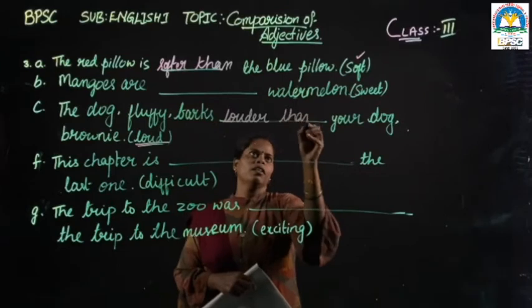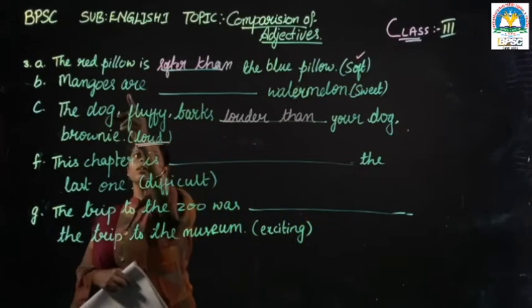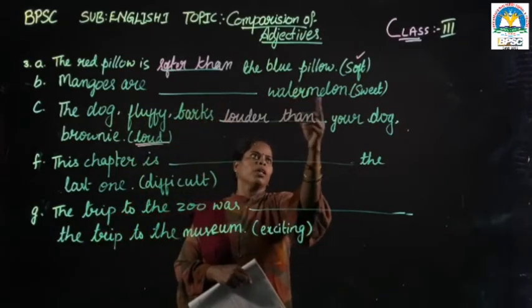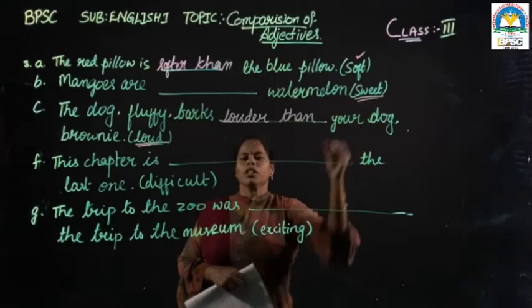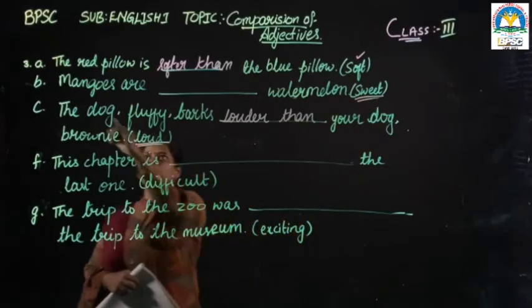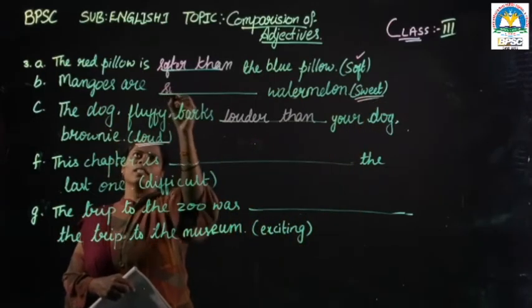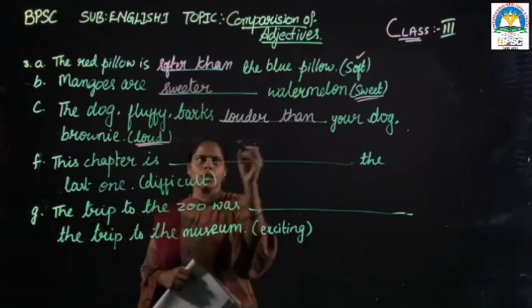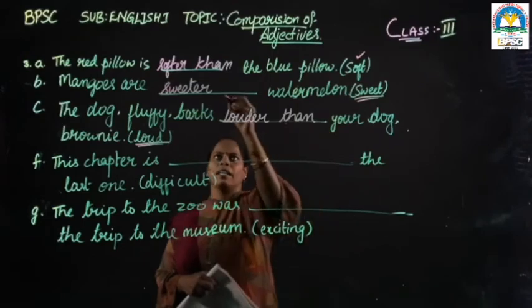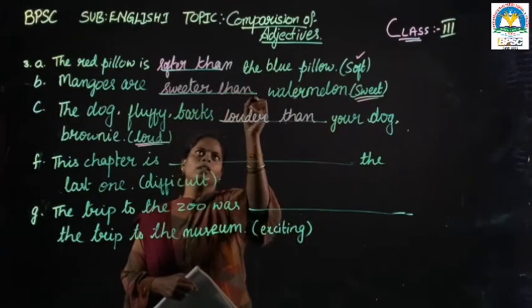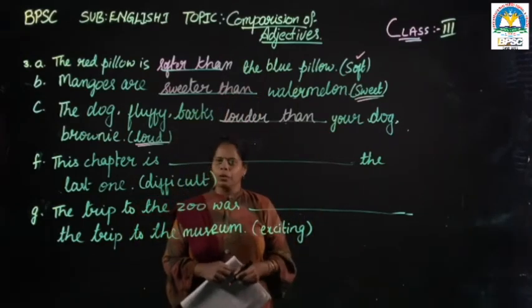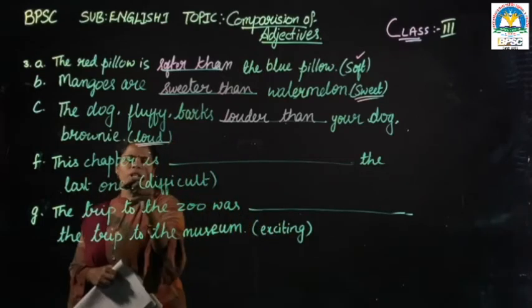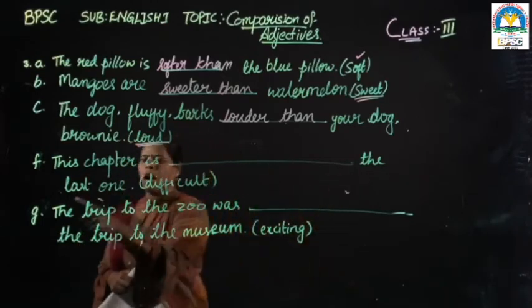Than. Louder than. Mangoes are dash, watermelons dash. Which adjective do you have to use? Sweet. So mangoes are sweeter. Afterwards, which word do you have to write? Than. Sweeter than watermelons.